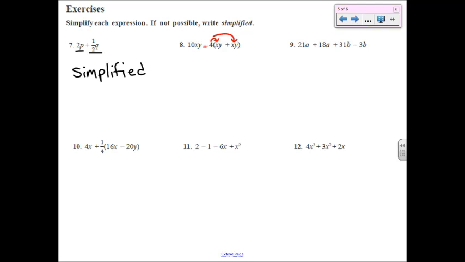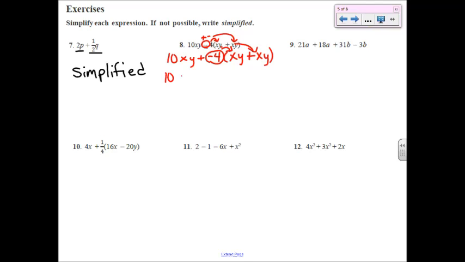But remember that a minus means the same thing as a plus, a negative. So I'm just going to rewrite this to remind ourselves of that, to keep those straight. So I'm going to have 10xy plus, and then I'm going to do a negative 4 times xy plus xy. Okay, so when I multiply that 4 through, it's actually a negative 4 going through.